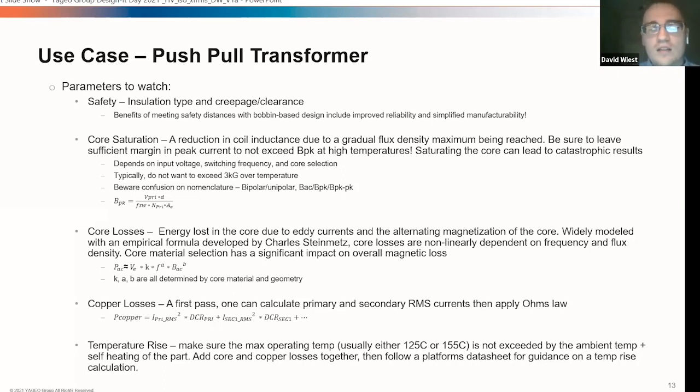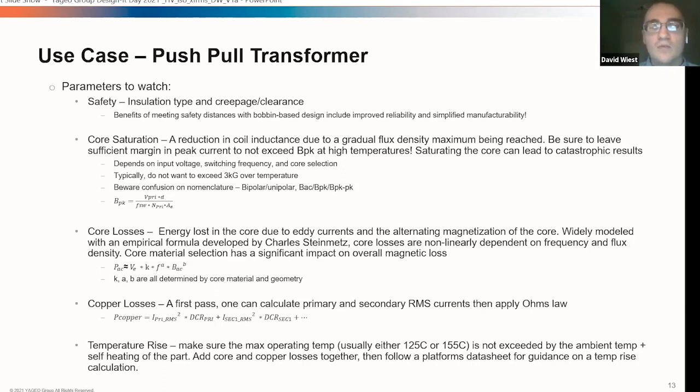Next is core losses and copper losses. These are important to note just because there are often efficiency targets to meet. Core losses are somewhat more difficult to calculate, being mostly based off of empirical data.